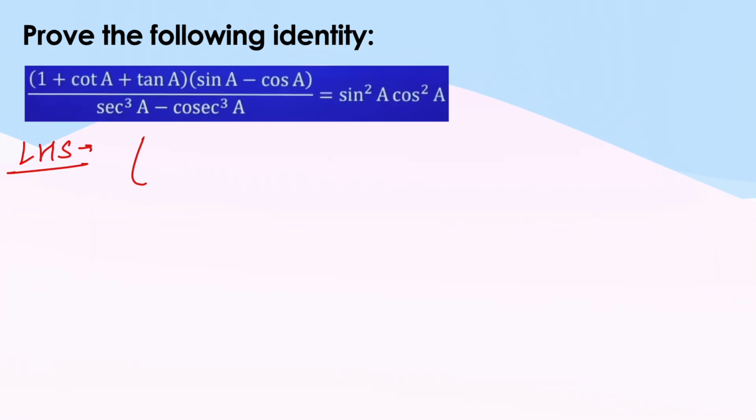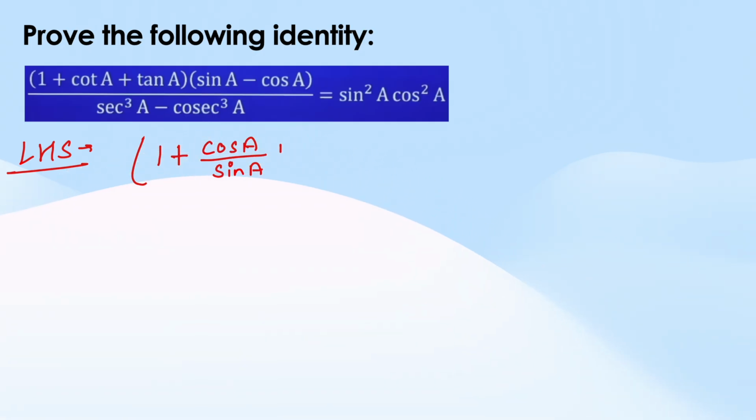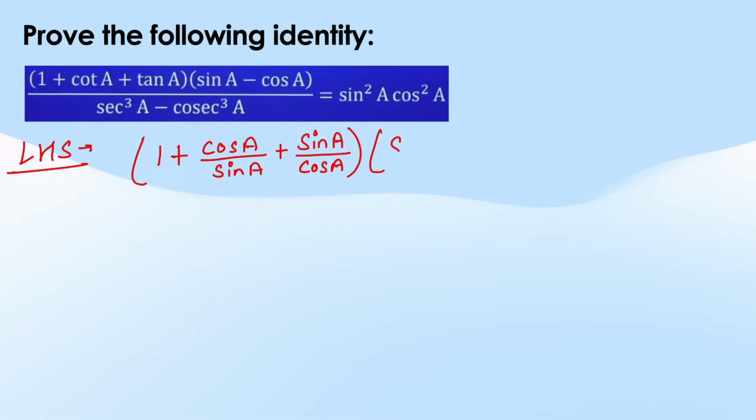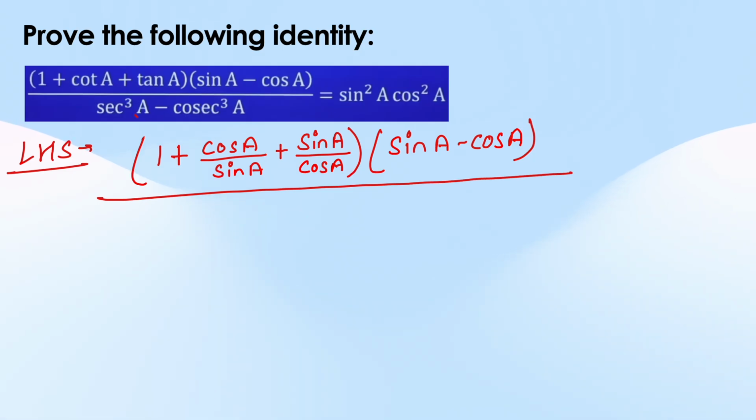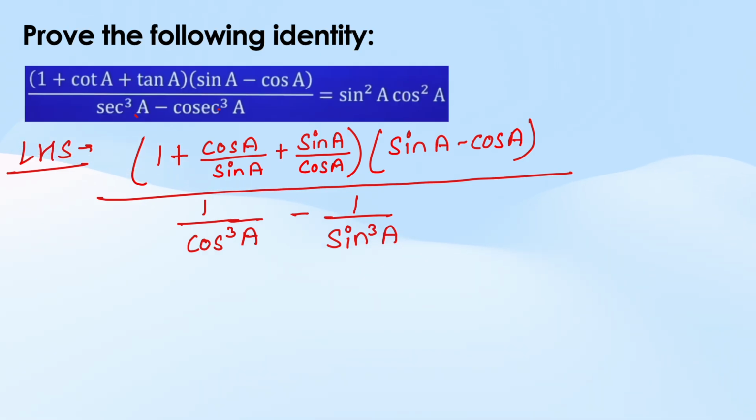So it will become 1 plus, cot A can be written as cos A by sine A. Similarly, tan A can be written as sine A by cos A, and (sine A minus cos A) we can write directly as it is, divided by sec cube A. Sec is opposite of cos, so 1 by cos cube A, and cosec I can write as 1 by sine cube A. Clear? I wrote everything in terms of sine and cos.